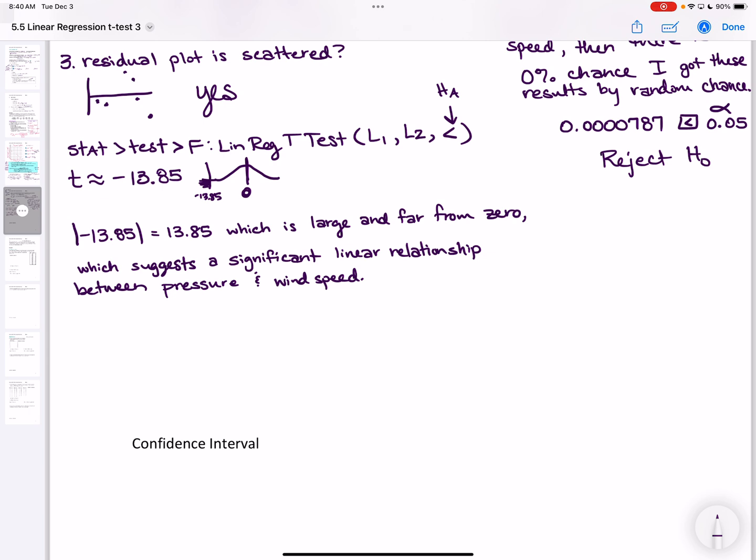All right. So if we reject, is there evidence or is there not evidence? There is evidence.